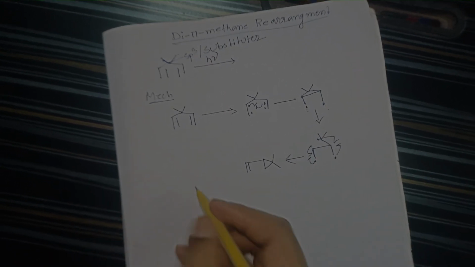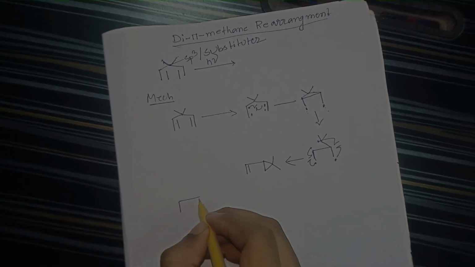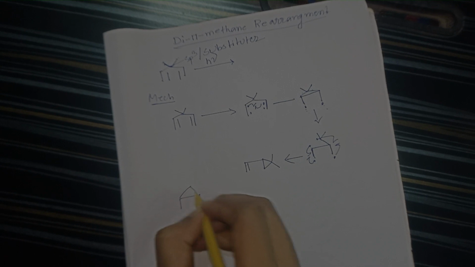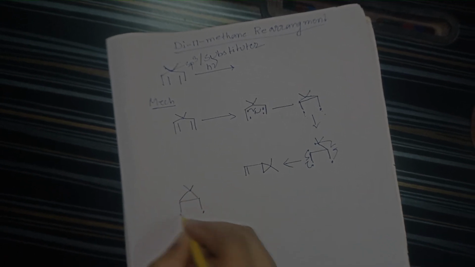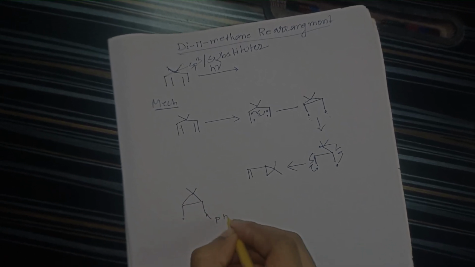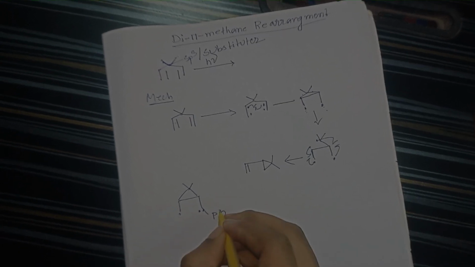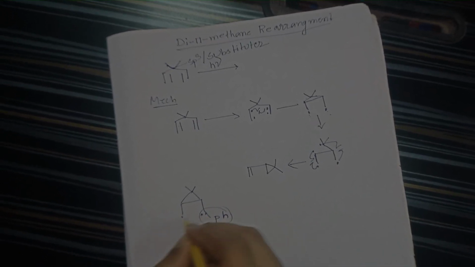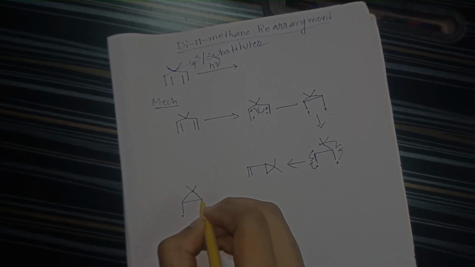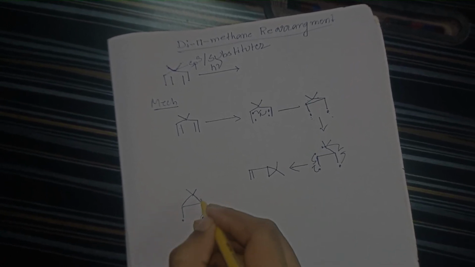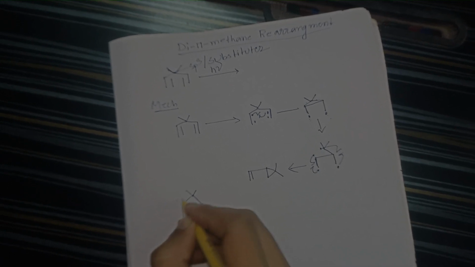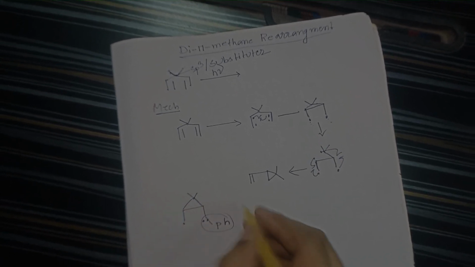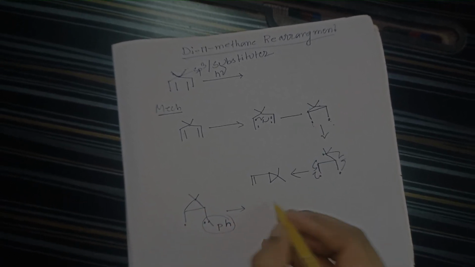Here, if in the reactant a phenyl group is present, then this is a stable radical, so this side bond cannot break. The opposite side bond will break and turn into a radical.